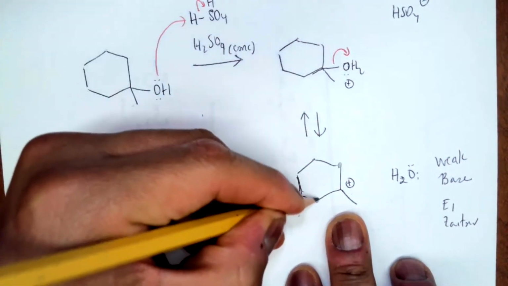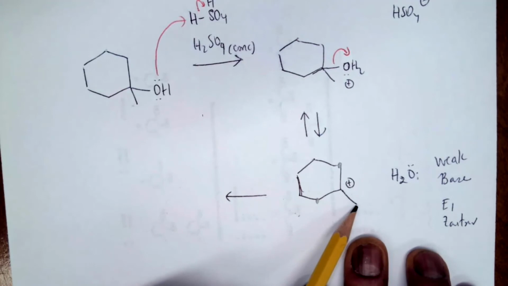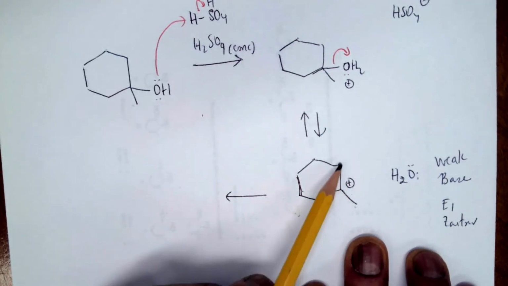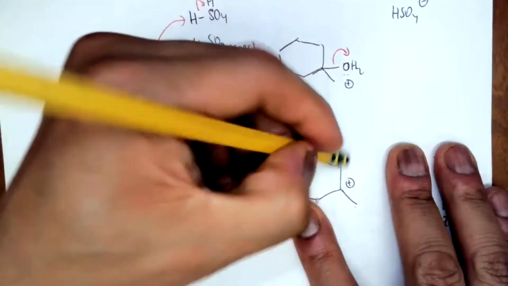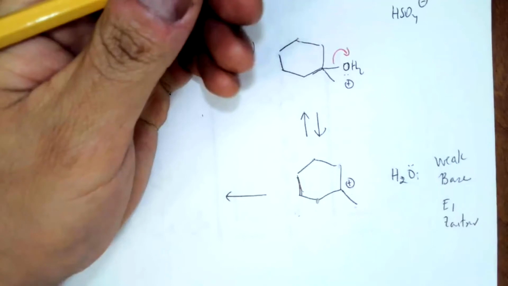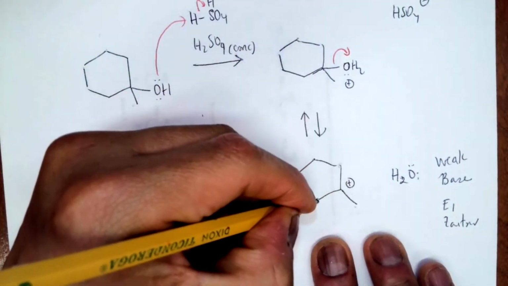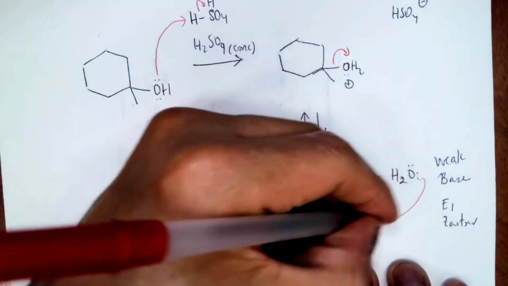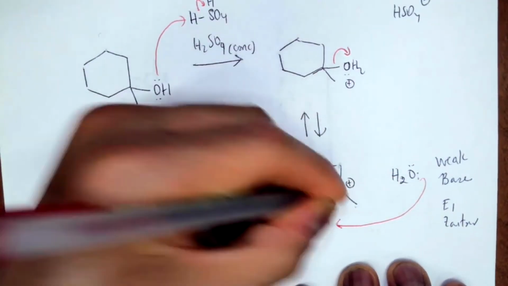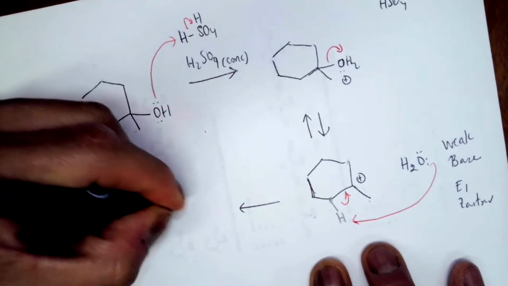Here and here. This one is the Hofmann because it's the least substituted. Those two are the most substituted. Since the molecule is symmetrical, it doesn't matter which one you do. So let's just do the one on the bottom. I have two hydrogens, and the water will attack, and here closes the alkene.